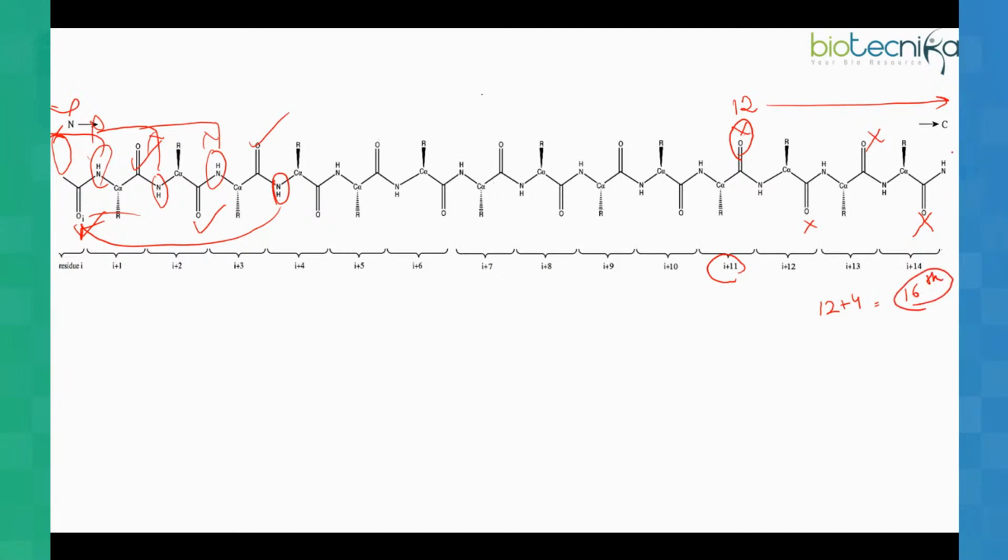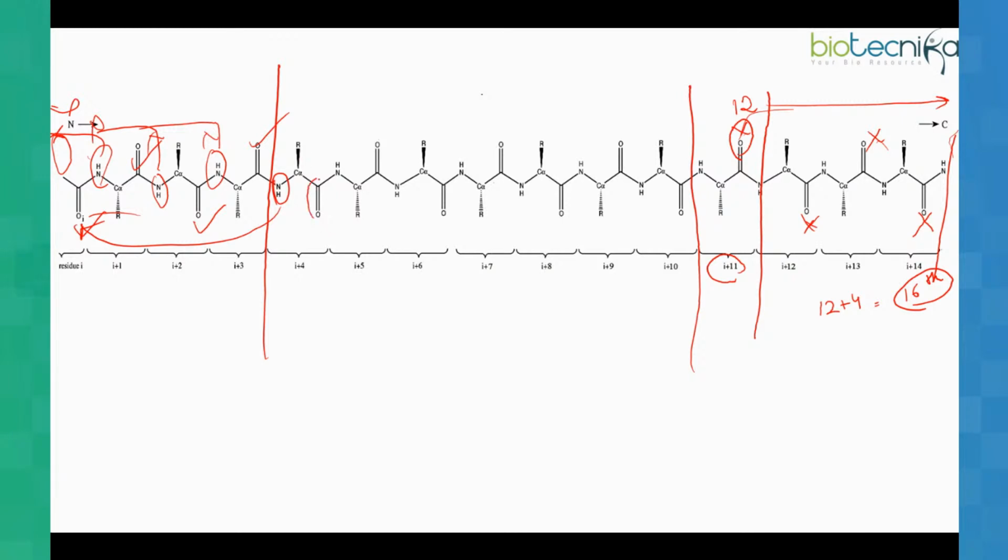But the 16th is not there, this entire protein is still 15 residues. So since the 16th amino acid is not there, the last 4 CO groups will not form hydrogen bonds. In between them, that is I plus 4 to I plus 10, that is the 11th amino acid.